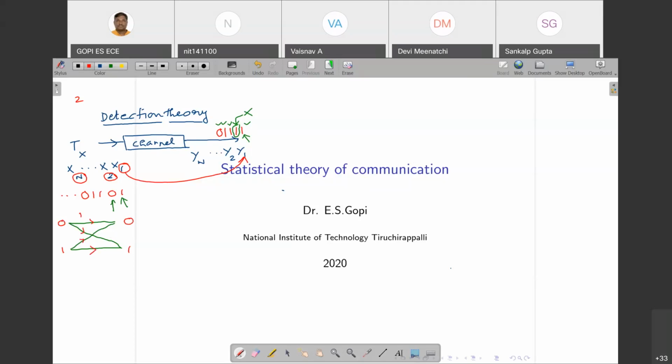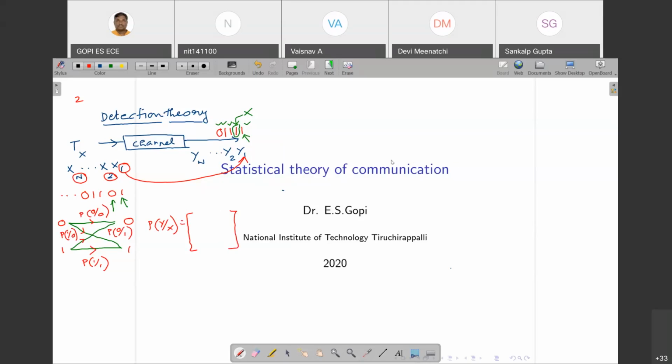So this is p of 0 given 0, this is p of 1 given 1, and you have here p of 0 given 1, and this is going to be your p of 1 given 0. So basically this is the p of y given x matrix, the channel matrix you are having here, right?